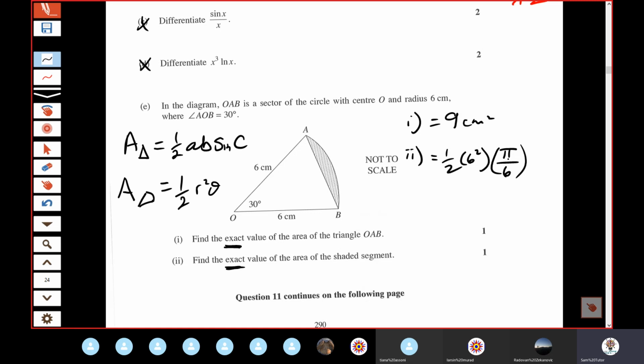But there's a bigger thing. This number here is an area that you're trying to find. Now, if I use 30, look what you're going to say. If I use pi as 180 degrees, you're going to say the area is half times 6 squared times 30 degrees. 30 degrees for area?